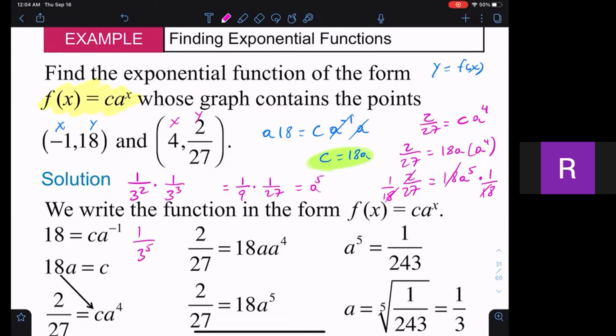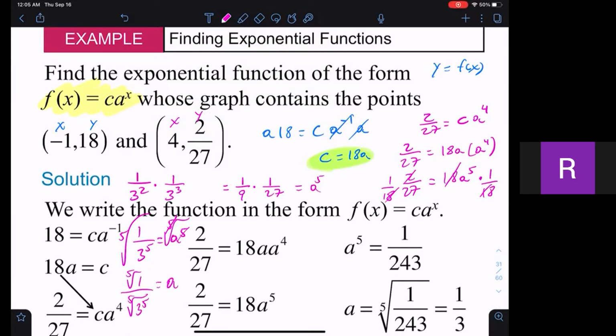So this is going to be 1 over 3 to the 5, and this is going to be a to the 5. So if I take the fifth root in both sides, right? This cancels out, and I get a equals the fifth root of 1 over the fifth root of 3 to the 5.